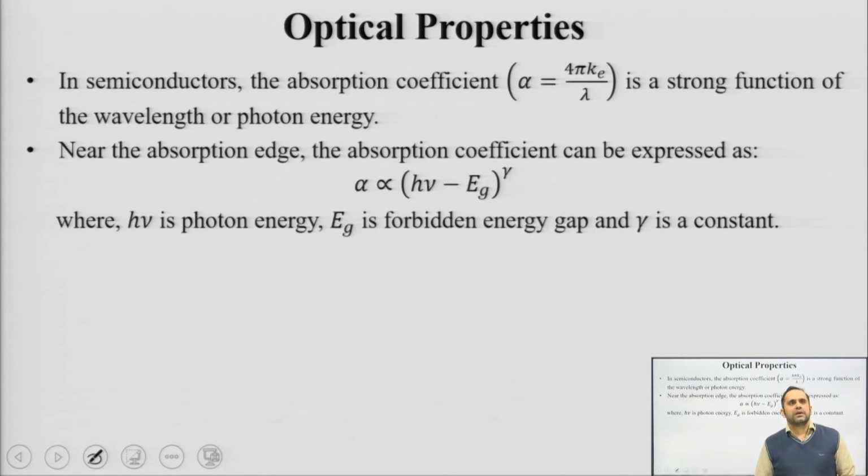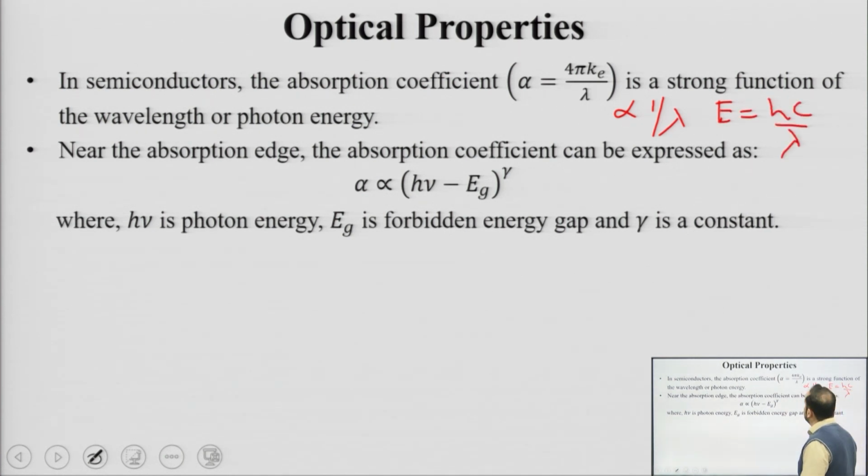Okay. The absorption coefficient, which is a strong function of wavelength, you can see that alpha is proportional to 1 over lambda, okay. And lambda is inversely related to the energy of the photon. So, you can say that this absorption coefficient is directly dependent upon the amount of energy incident on the semiconductor.